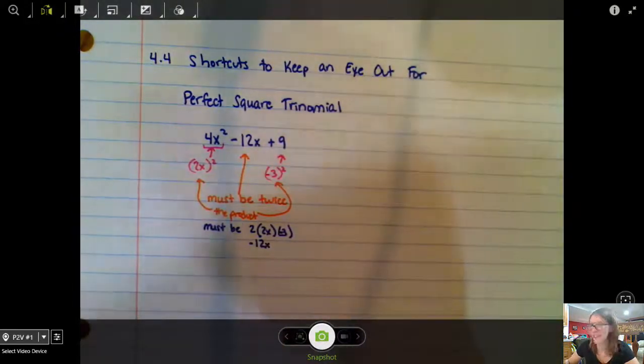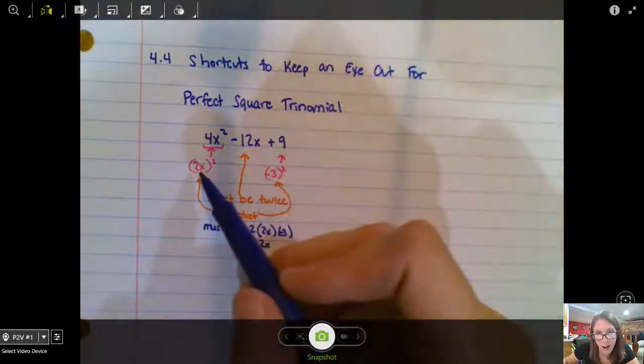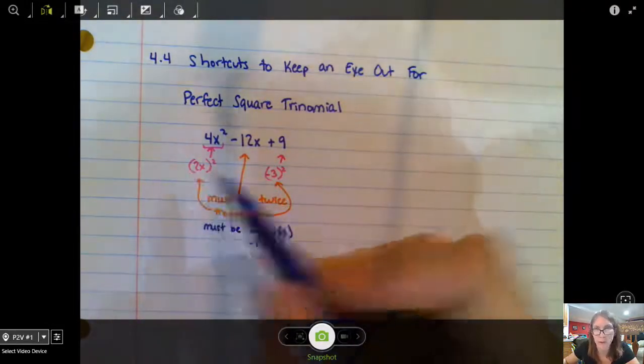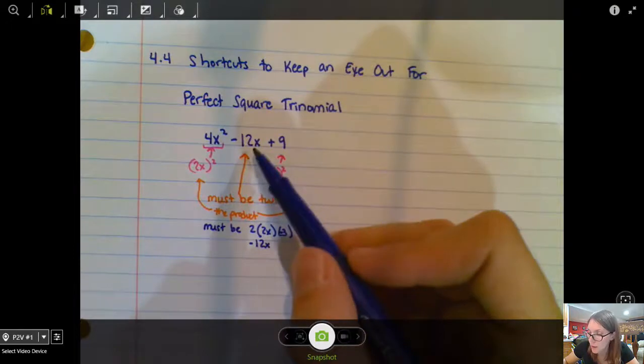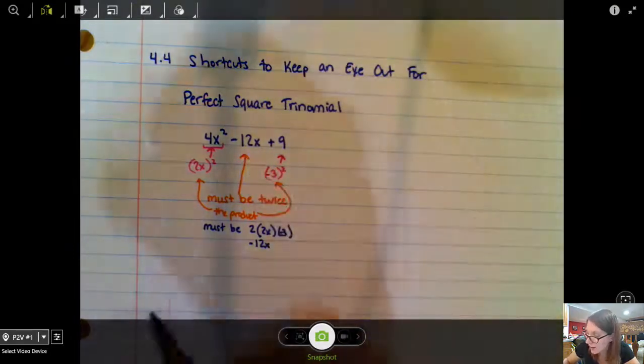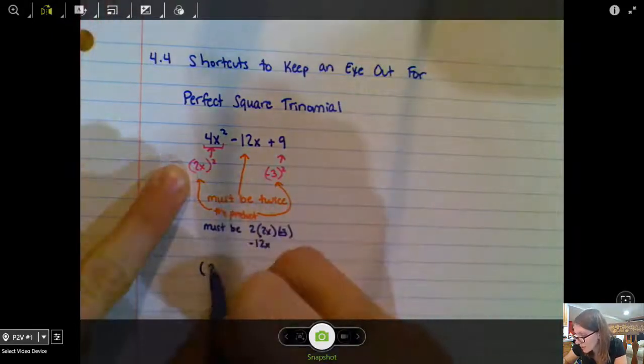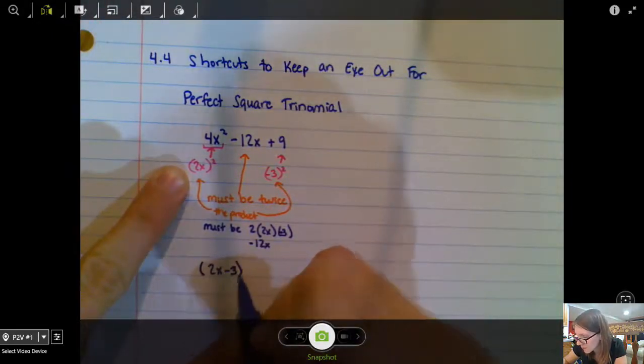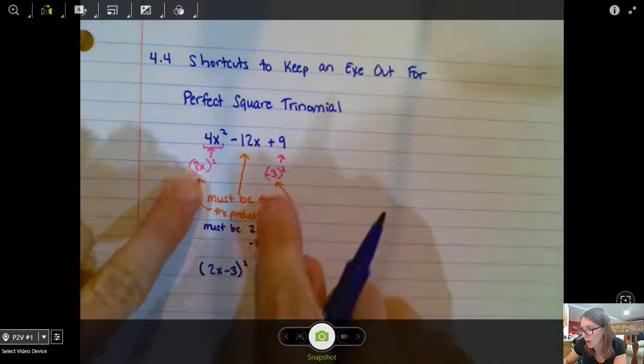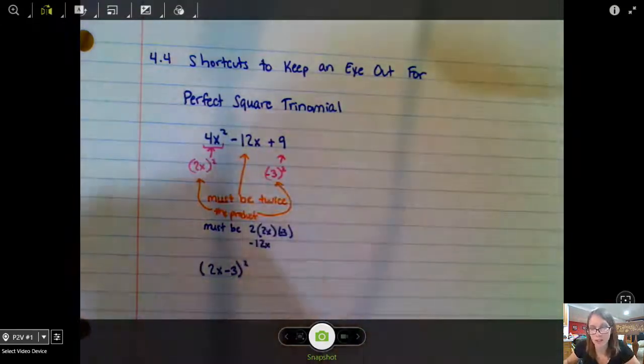Here's the cool thing. We figured out our perfect square trinomial. We have the perfect square here, the perfect square here, and my middle is twice the product. Here's how we factor it: (2x minus 3) squared. That's done.